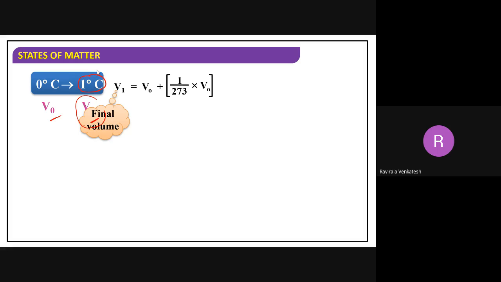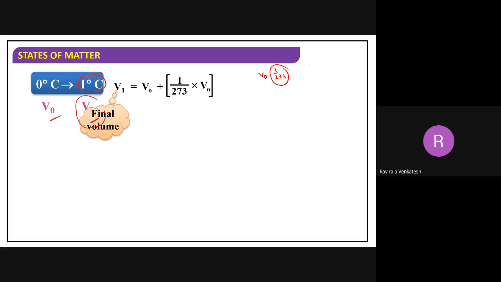Take absolute zero temperature, minus 273 degrees Celsius. With respect to the initial value V0, 1 by 273 part is increasing here.